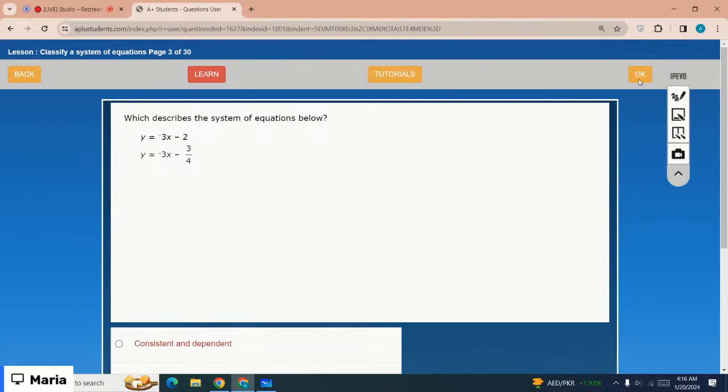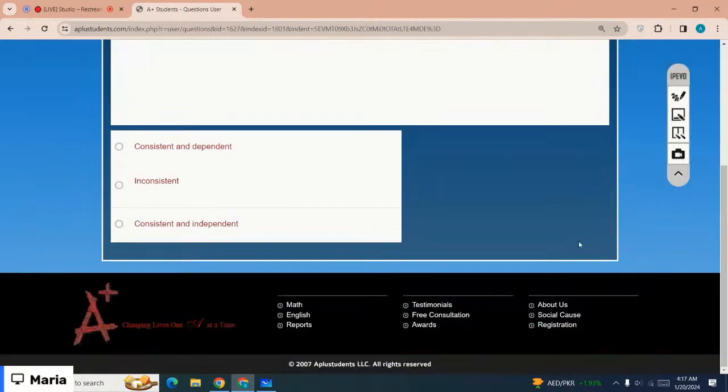Both equations have exactly the same slope, so when you have the same slope, they never intersect each other and the system is inconsistent. Got it? The correct option is the second one.